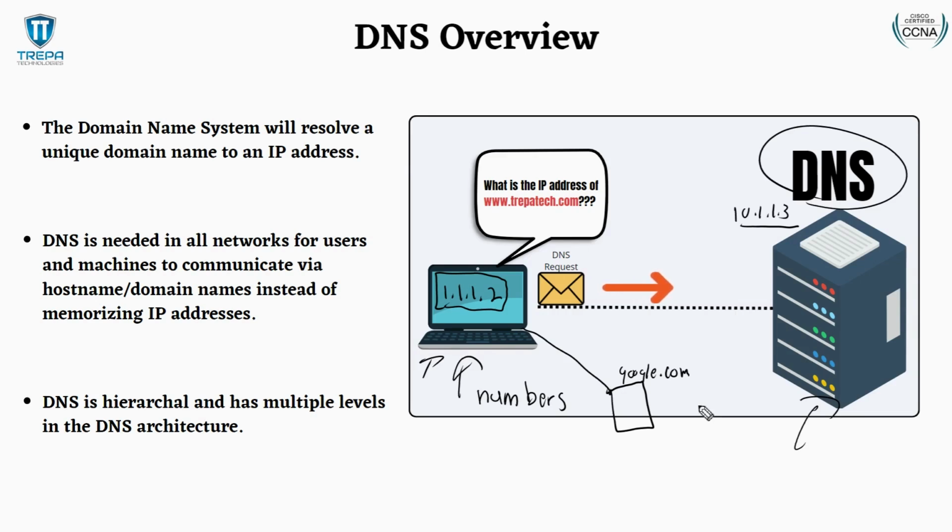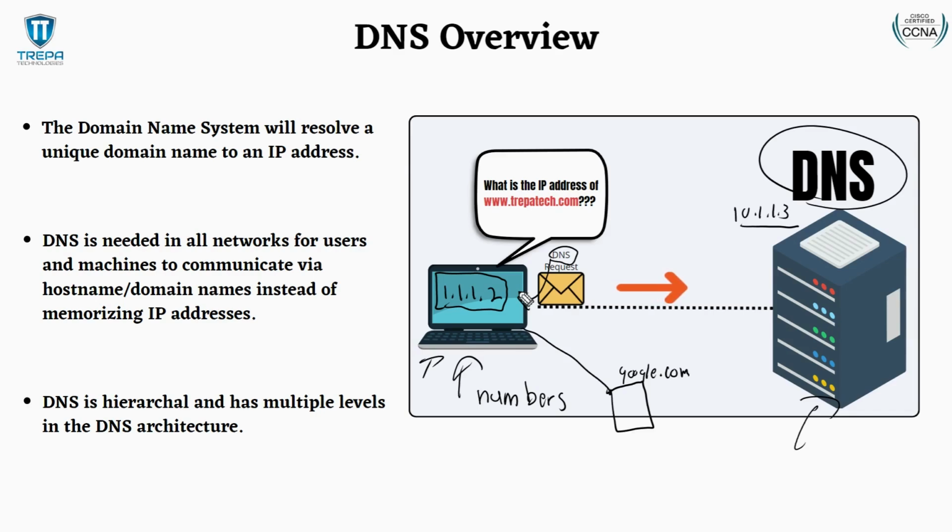When you type google.com into your web address or your URL, on the back end, the only way that computer knows where to reach google.com is because it sent a DNS request for the IP address, the numbers, the way that computer communicates. So that is DNS in a nutshell, right?